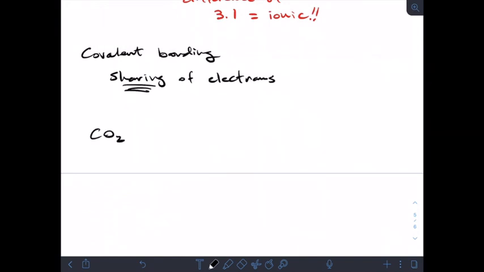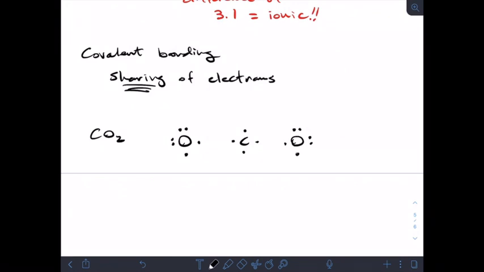So rather than transferring, we're going to look at a situation like this. CO2, right? Two nonmetals making a compound. If I draw Lewis dot structures for these atoms, it's going to look something like this.